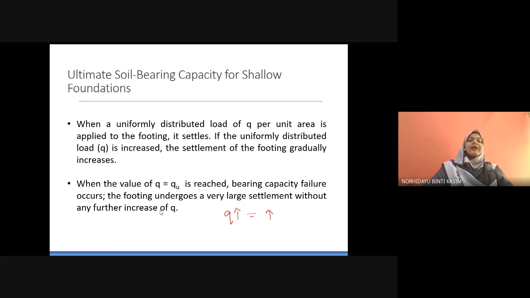Meaning that the footing will undergo a very large settlement without further increase of Q. If it achieves the ultimate bearing capacity, even though you do not increase the load, it will still settle.